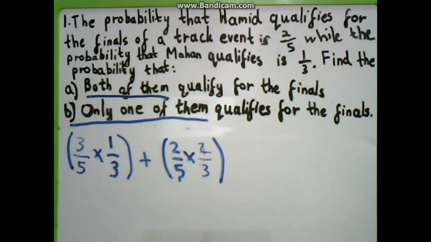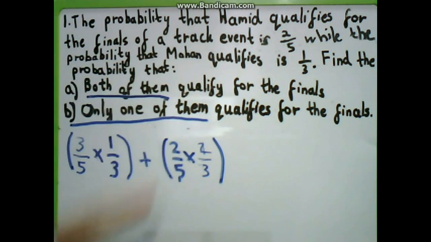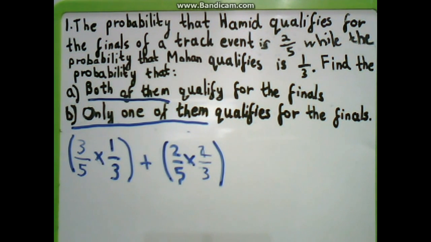Okay, if it only asks that Mohan qualifies and Hamid does not, then you just need to do 1 over 3 times 3 over 5. And the same can be said for Hamid, 2 over 5 times 2 over 3. However, the question says only one of them qualifies for the finals, meaning that we don't know if it's Hamid or Mohan. So that's why you have to add.